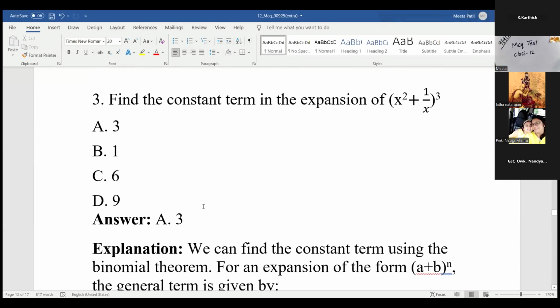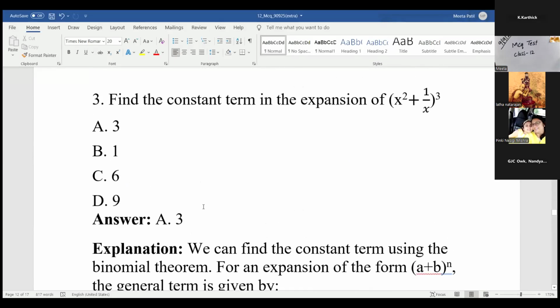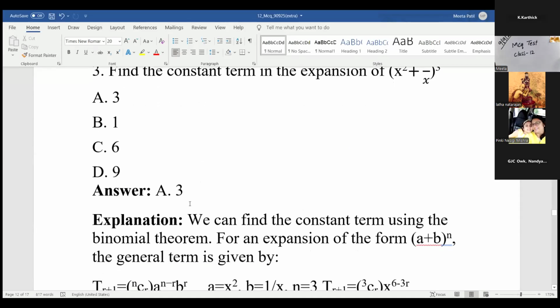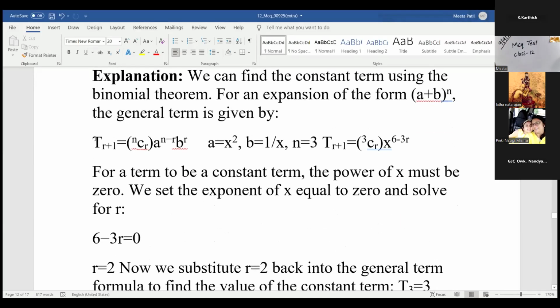And for the third question, find the constant term in the expansion of x square plus 1 by x, whole power 3. We know the expansion of the binomial theorem, a plus b power n, in which we have the general term. What is that general term? T(r plus 1) is equal to nCr a power n minus r into b power r. Substitute the values of a, b as well as n. Here you have to consider the exponent of x equal to 0.